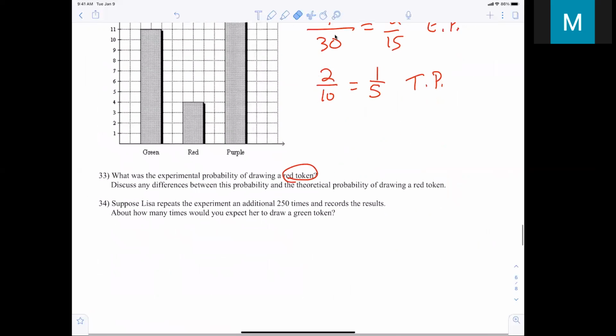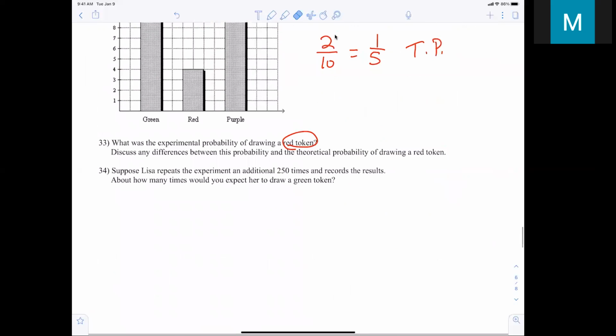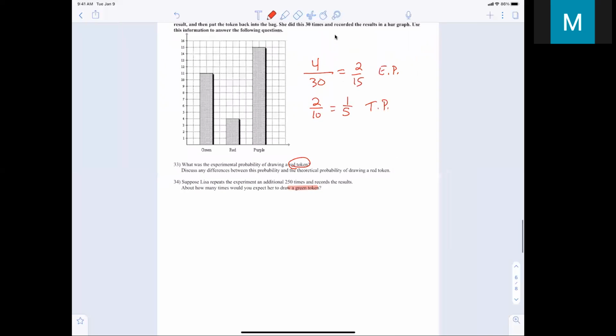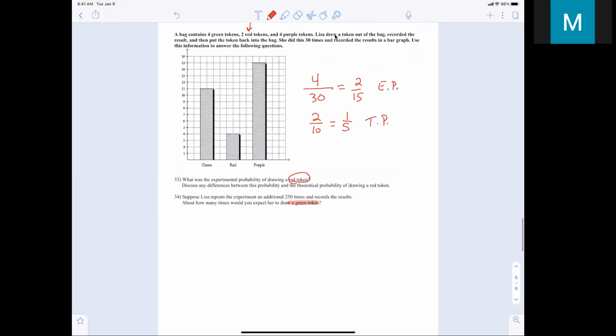All right. Now, it says, suppose Lisa repeats the experiment 250 times. About how many times can she expect to draw a green? All right, so Luca, what am I gonna do for this?